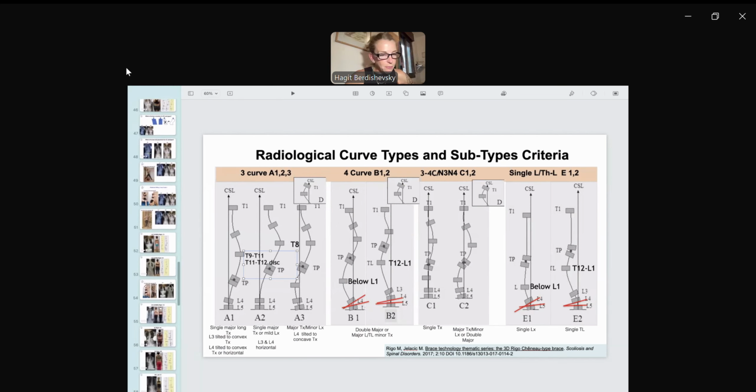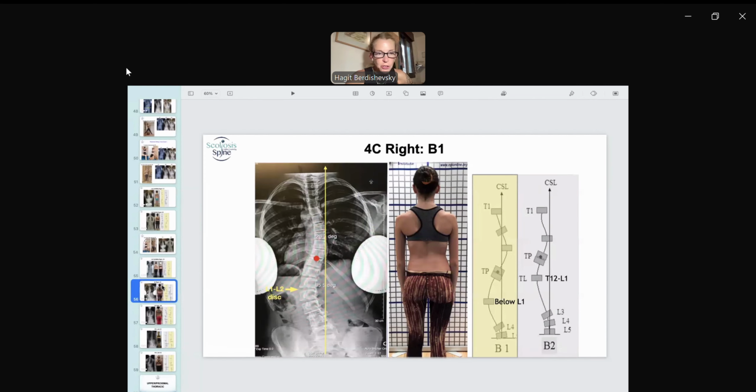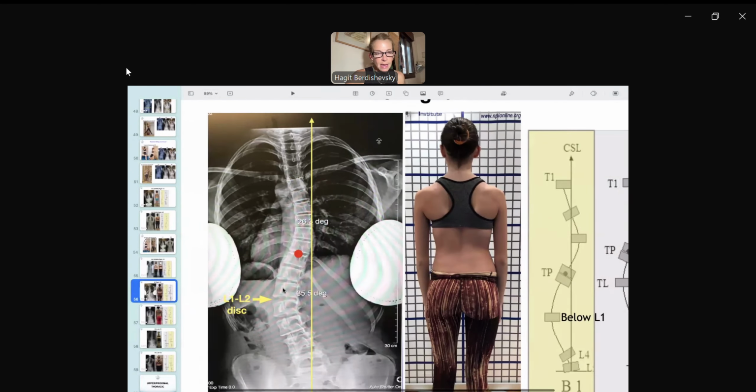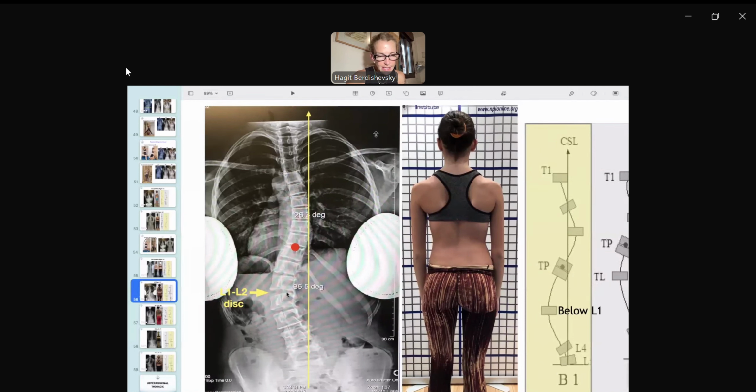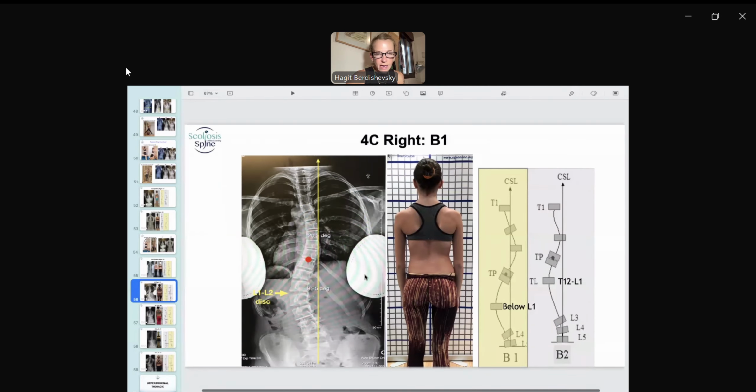So let's view it for a second before we finish. B1 type. We see here a transitional point to the left. We see thoracic curve and lumbar curve. We look where is the apex. And the apex here is actually the disc space between L1 and L2, below L1. So this is going to be a B1 type.